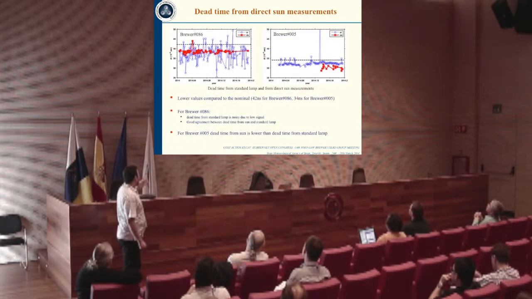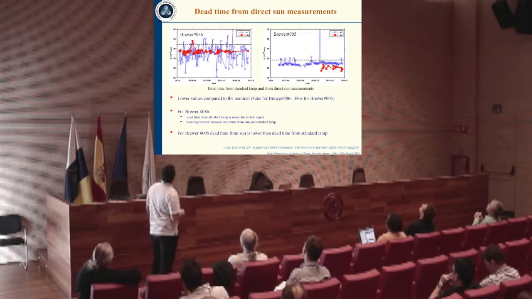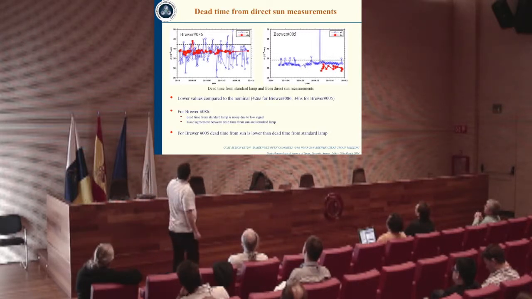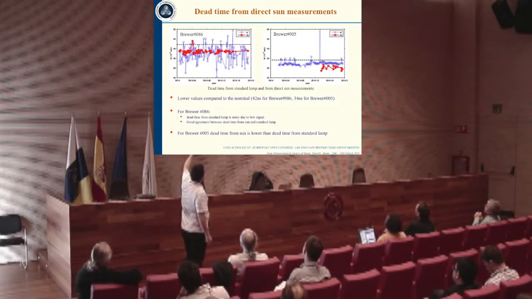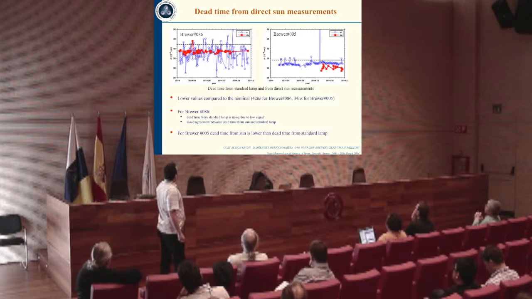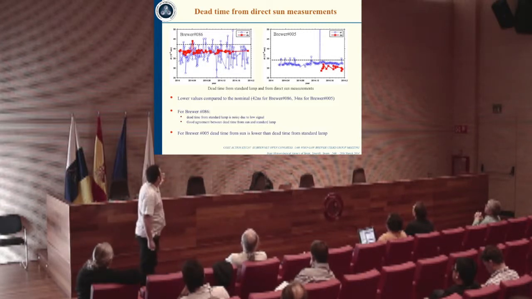Here are some results. For the double monochromator Brewer number 86, you can see that with the red squares, we present the dead time from the direct sun measurements for both instruments, while with the blue circles, we present the dead time from the standard lamp.